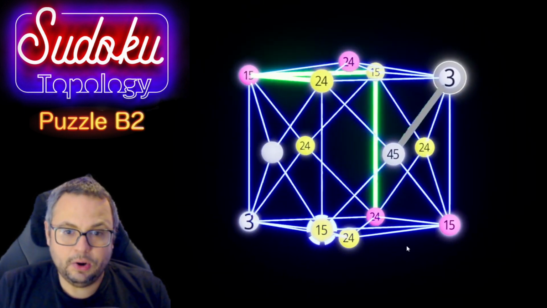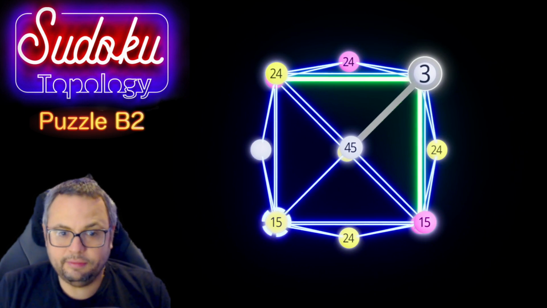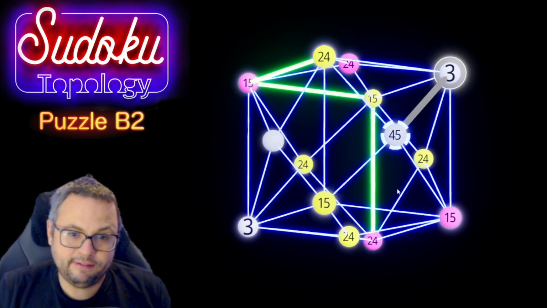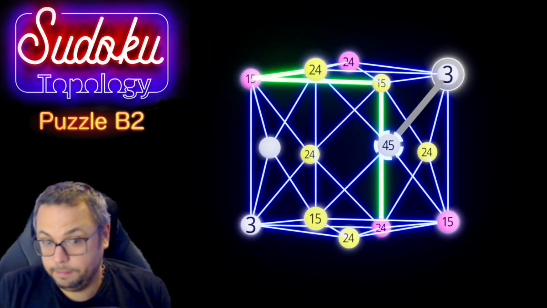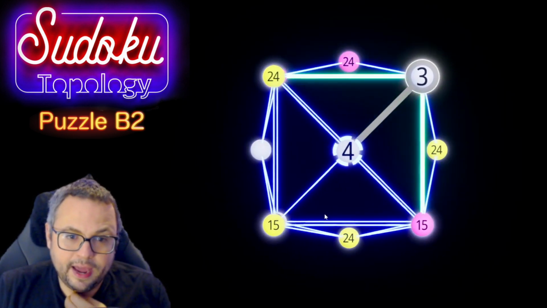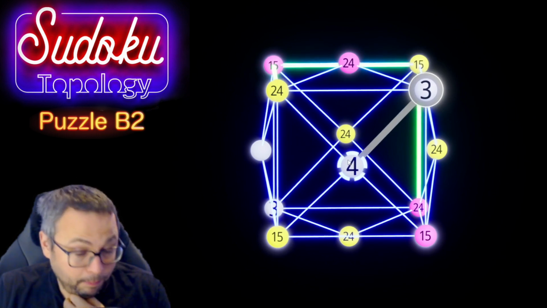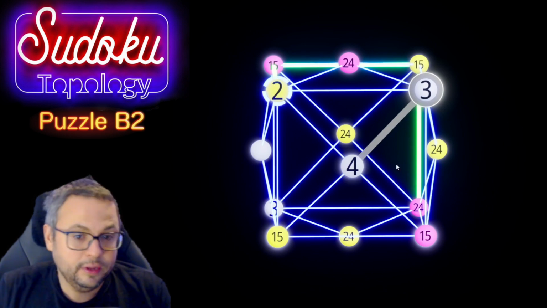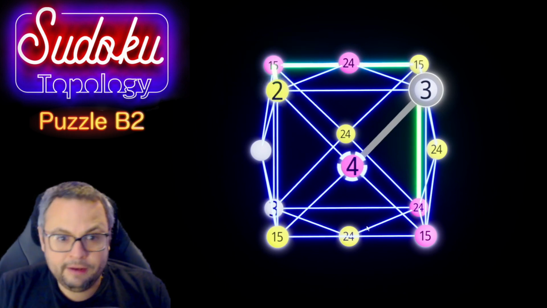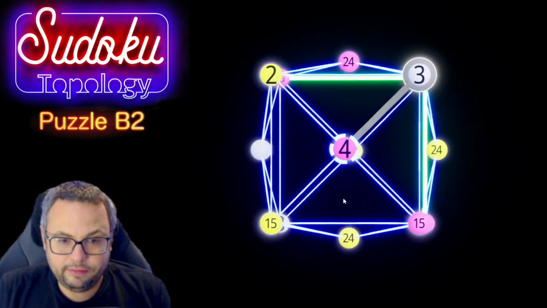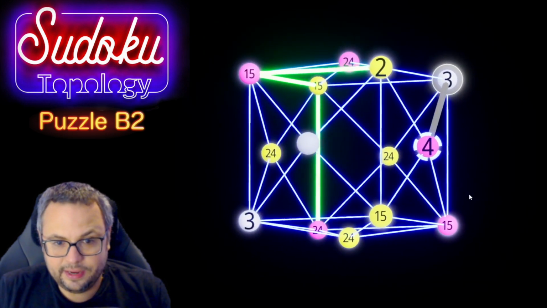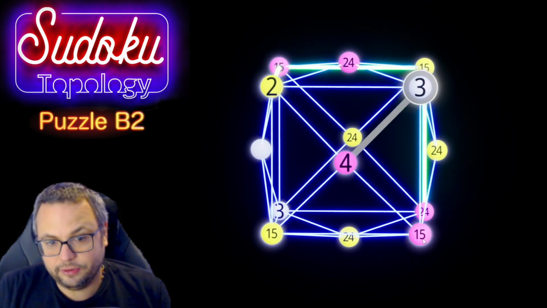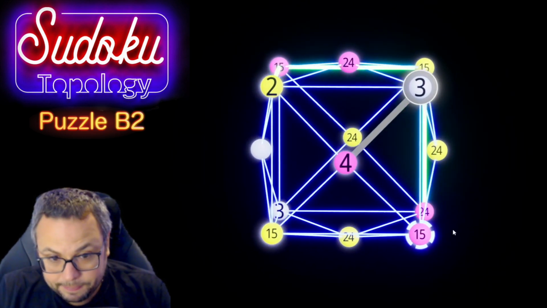Which now makes this cell the yellow 1-5. Okay, and so now the world starts to unravel a little bit, because now I know that this digit's not a 5, it's a 4. And so that means that 4 is actually purple, because the yellow 2-4 is now a 2. If you were at all confused by this, you can now see how this actually unravels. That's purple. And so that is a 5.